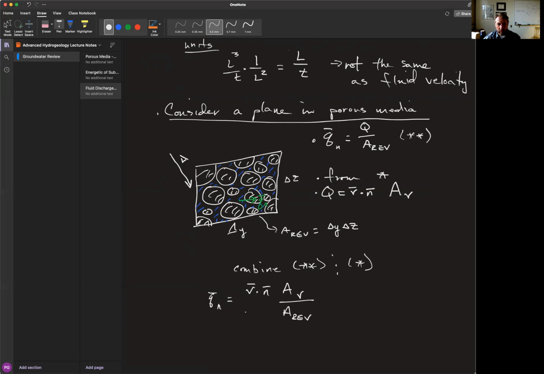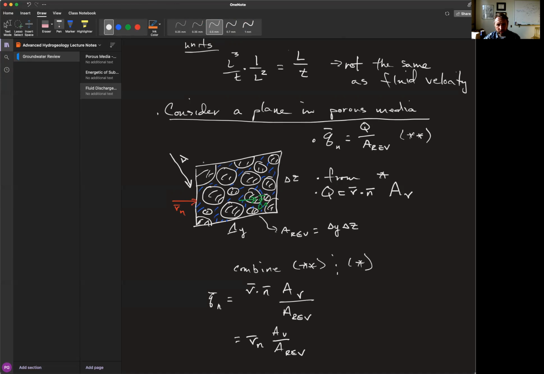All right, I'm gonna make some simplifications. This is equal to V sub n, the component of my velocity across the plane, times this ratio, area of voids over area REV.